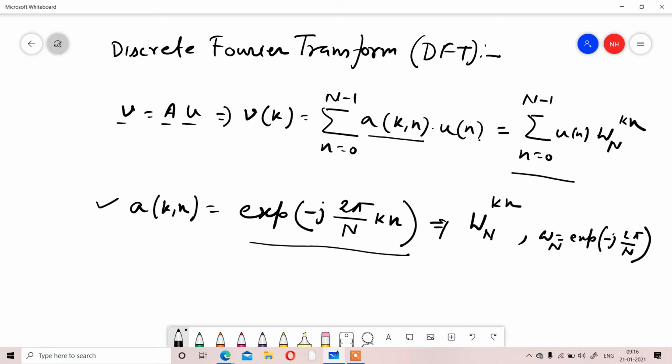So that is the expression of discrete Fourier transform in one-dimensional domain that you already know.